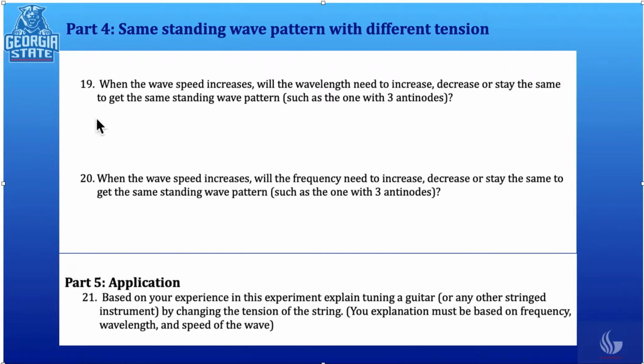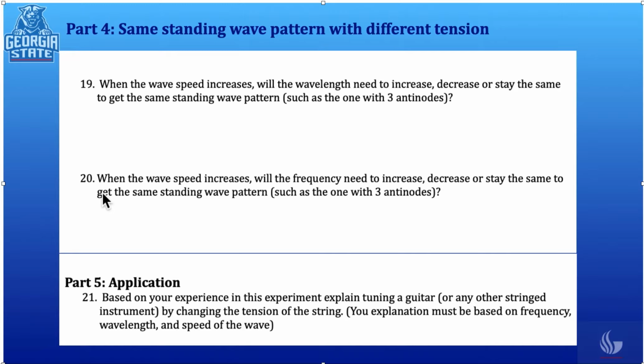But in this case, when we increase or decrease the tension, we change the frequency to get the fixed 3 antinodes. Then what do you think? Will it increase or decrease the wavelength by changing the wave speed? Obviously, the wave speed is changing because of the tension, but the other quantity, the frequency, is also changing. So what would be the wavelength? Will it be the same, or increase or decrease?